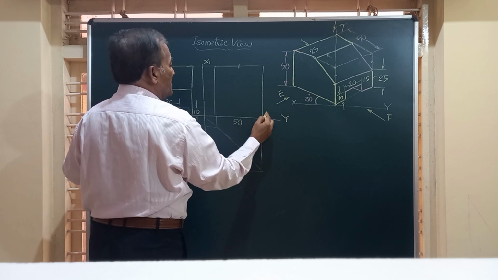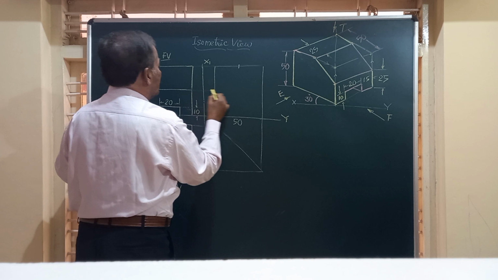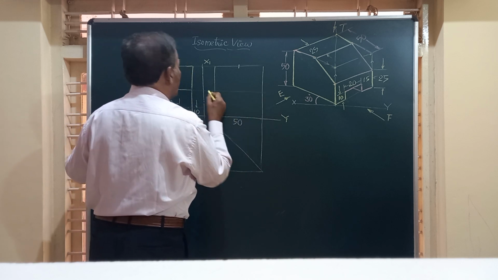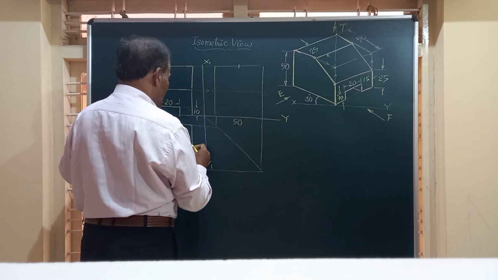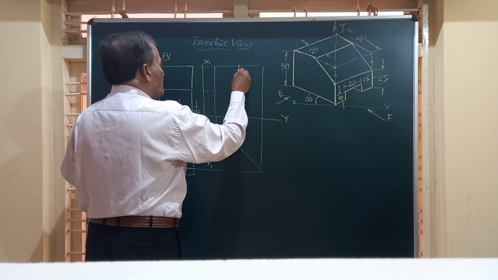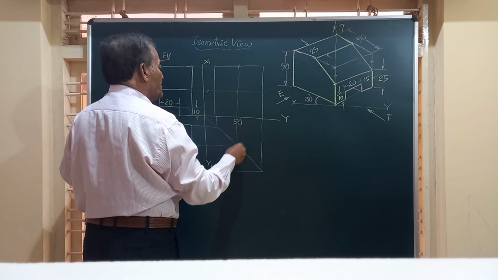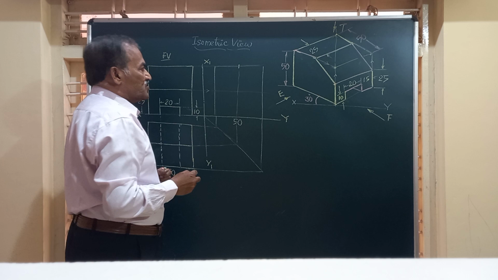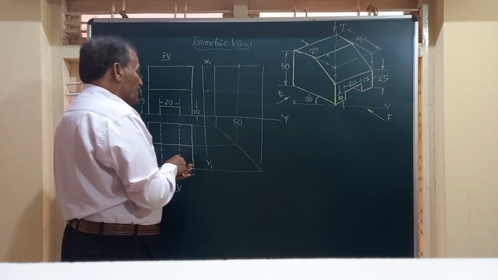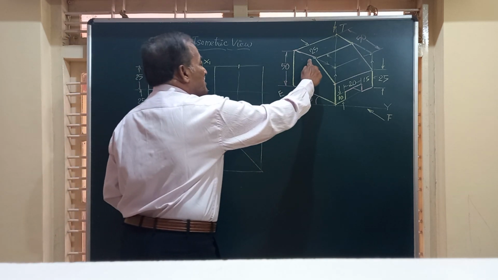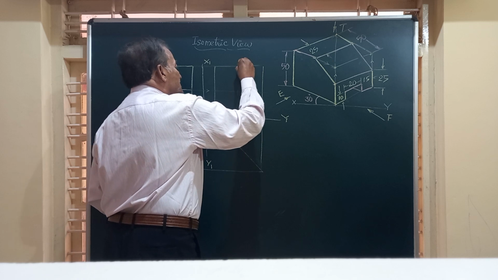A point will be there, and again up to the mid height. That is, you can just project a line from here and a line from this. Friends, you need a lot of imagination for drawing this isometric. So friends, here this sloping surface is this line.